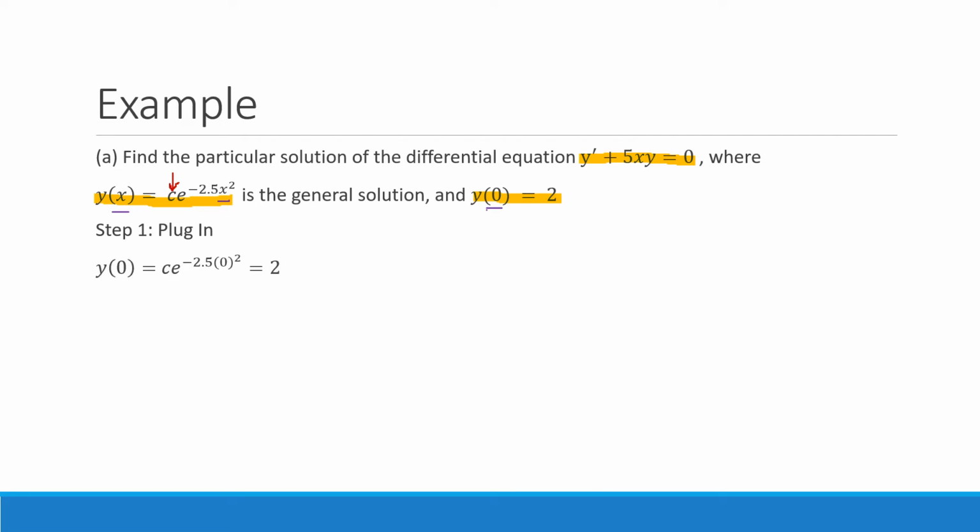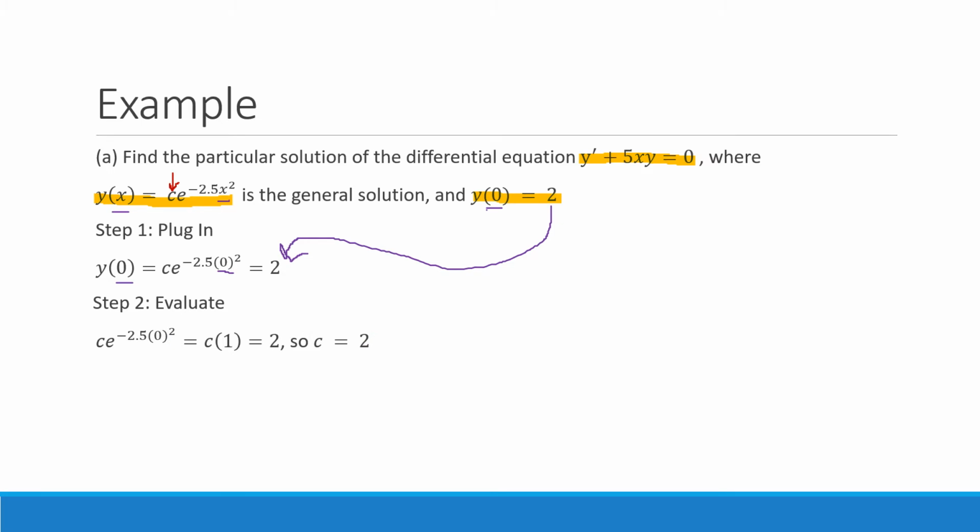We plugged in 0 for x, and now we can set that equal to 2 because that is what we are told we are evaluating the solution at. Now we can solve for c by looking at what we get for our function at x equals 0.